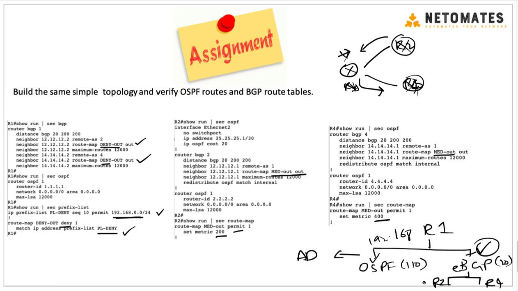But the difference is, they are advertising the routes with two different metric values, R2 with 200, R4 with 400. Because AD is the same for both routes, the router will next compare the metric value. As R2 has the lowest metric, it is choosing this one.